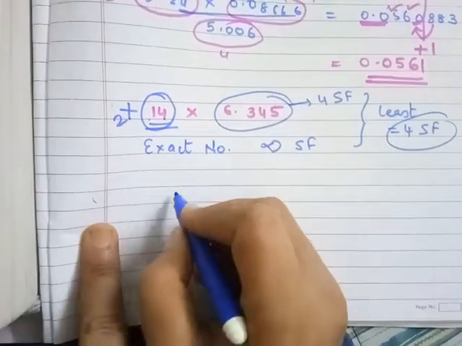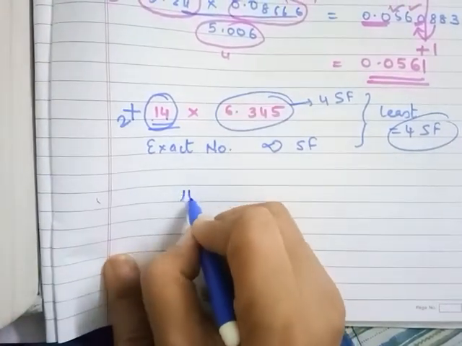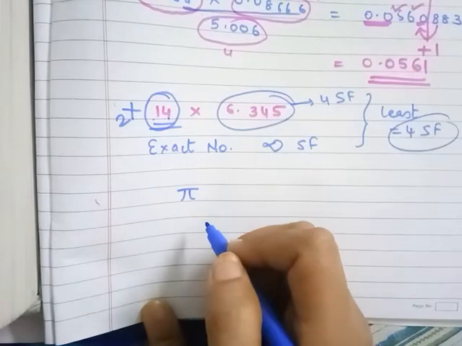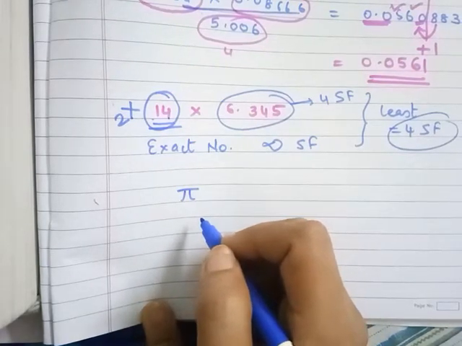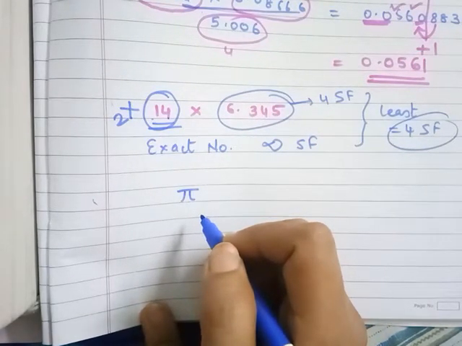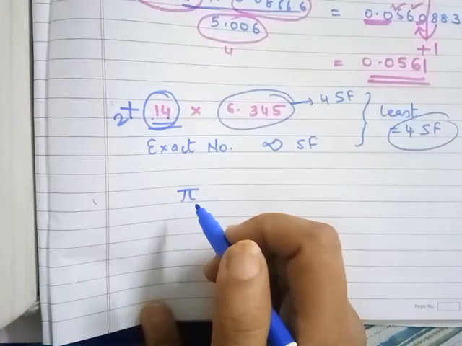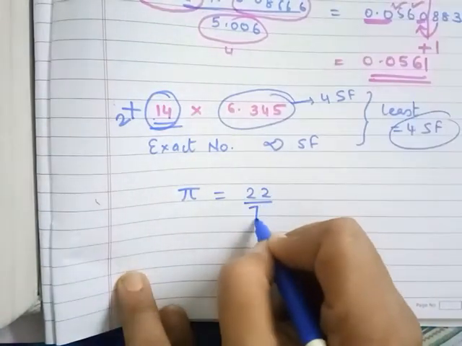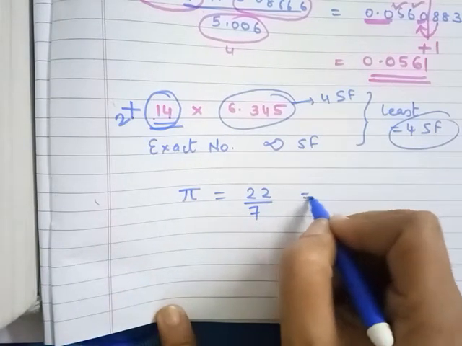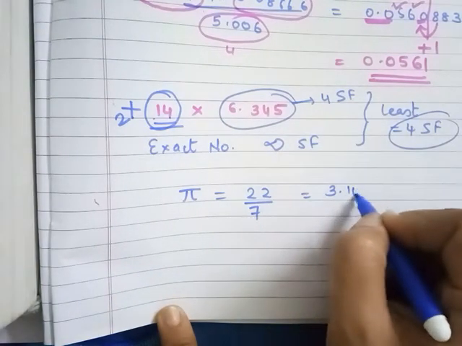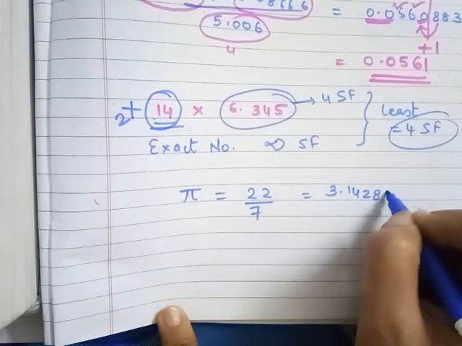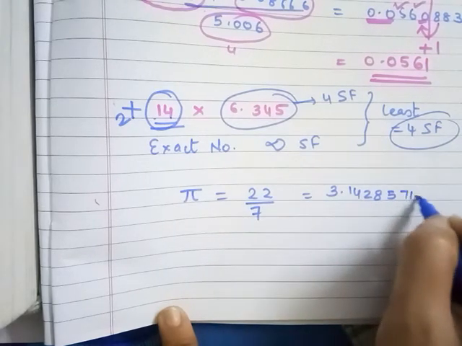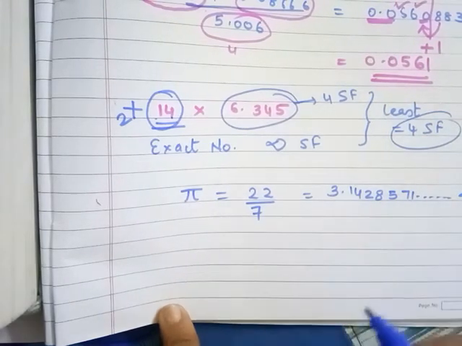Now if I talk about the number pi. Pi is 3.142857 and it is recurring. Pi is basically 22 by 7 and it goes on, 3.142857 and so on up to infinity.